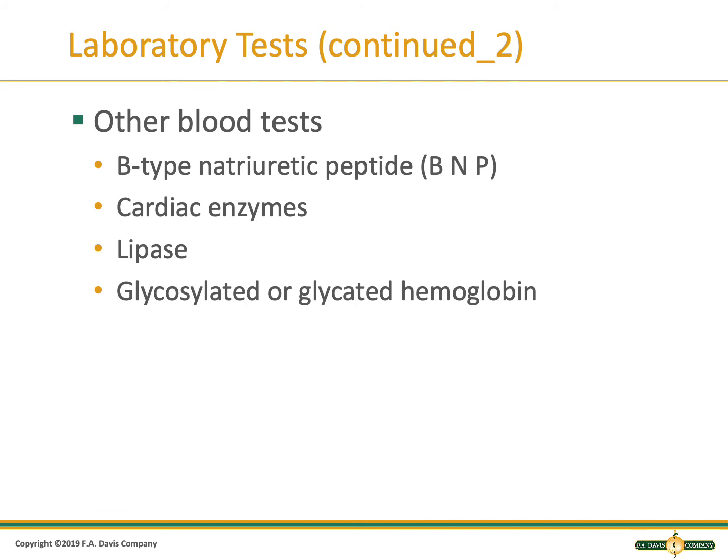Lipase helps with the diagnosis of pancreatic disease. And then glycosylated or glycated hemoglobin, which is also known as an A1C, gives us an indication of the average glucose level over a period of 3 months.